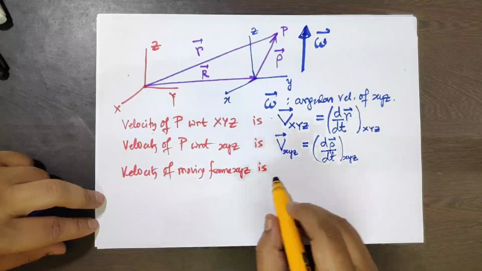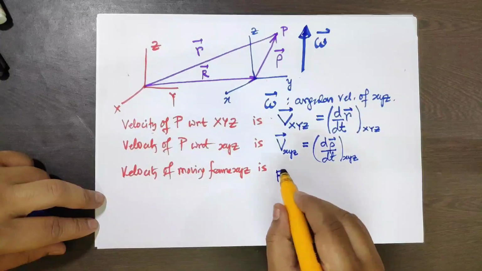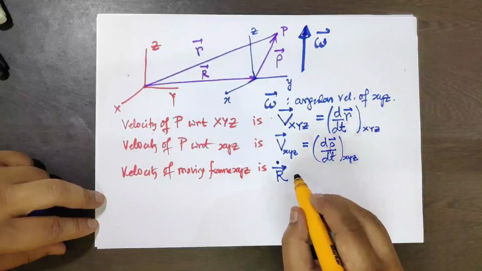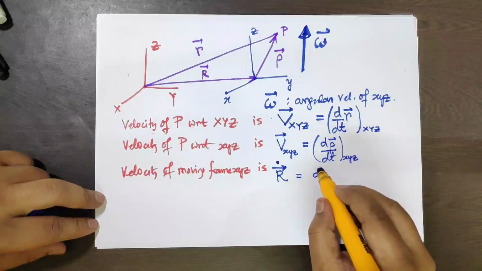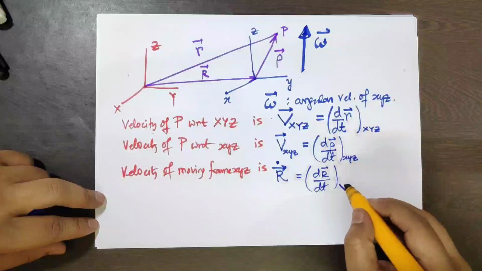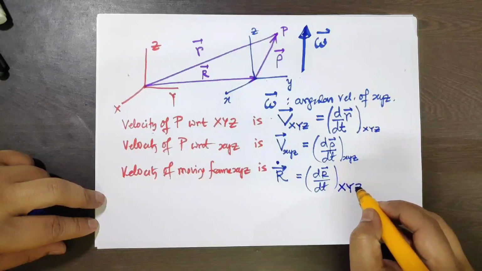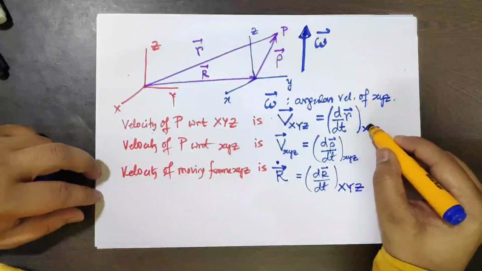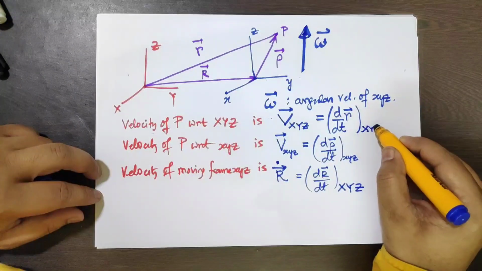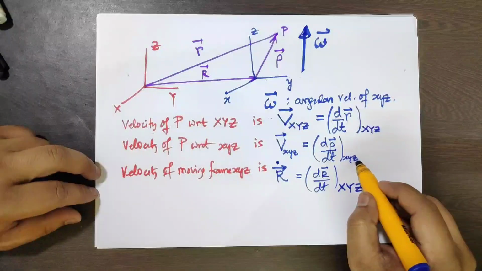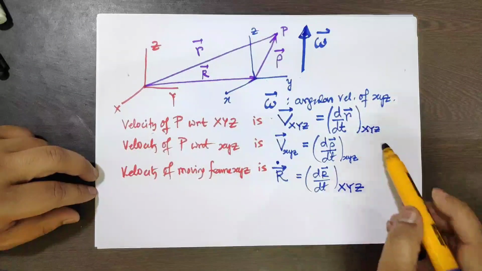And by the way, the velocity of the moving frame, small xyz frame, is R dot, and that's actually dR/dt from capital XYZ. So don't confuse this; which frame you differentiate from matters. That's for small xyz, and this is from capital XYZ.